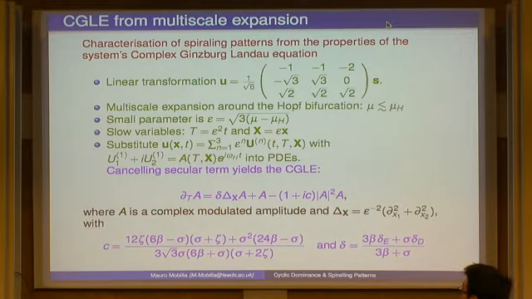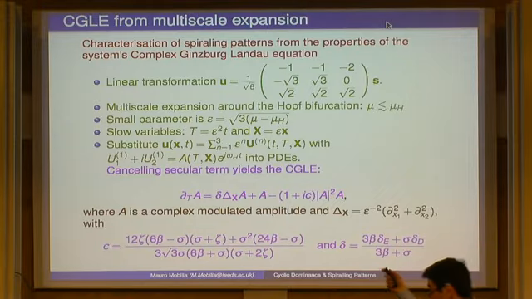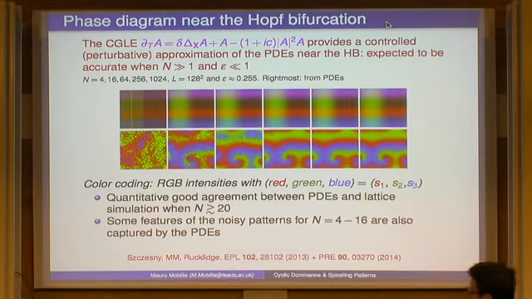Sorry about that. So this CGLE has now been derived properly, I think, near the Hopf bifurcation. It is supposed to help us understand what happens near the Hopf bifurcation.